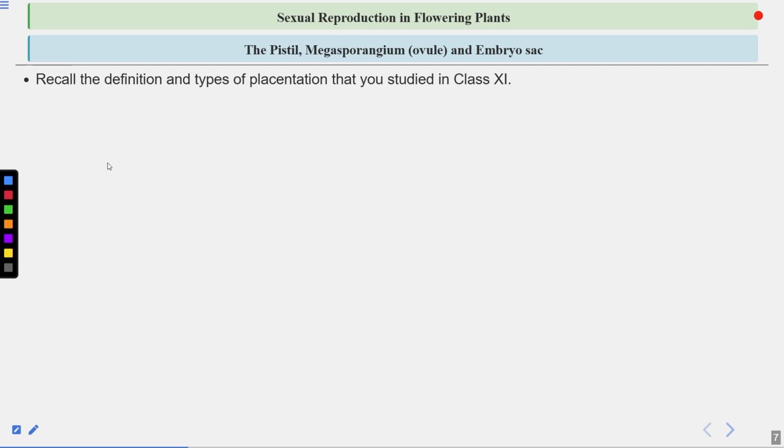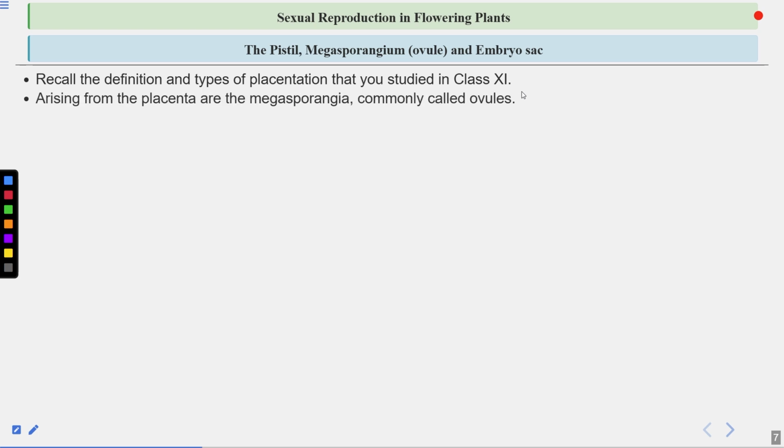Now recall the definition and types of placentation that you studied in class 11th, in the morphology of flowering plants chapter. Basal placentation, parietal placentation, axial placentation, all the types of placentation you have studied, right?